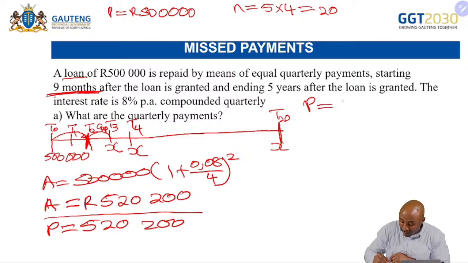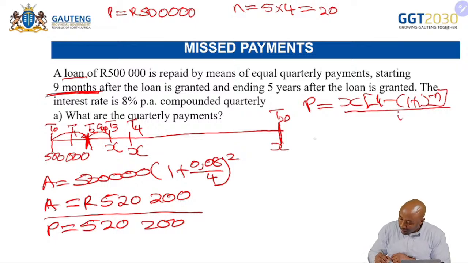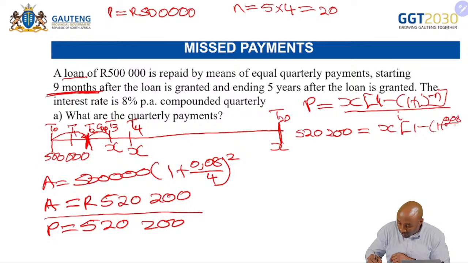Our P is given by X, 1 minus 1 plus I to the power negative N, all this over I. We want X. So we are going to substitute 520,200 is equal to X, 1 minus 1 plus 0.08 over 4 to the power, we haven't calculated the N that we are going to substitute there, over 0.08, all this over 4.